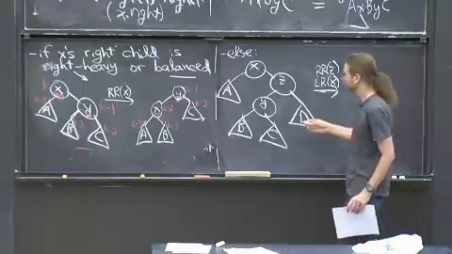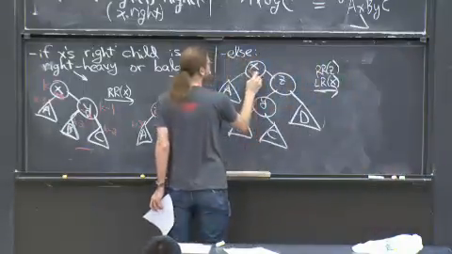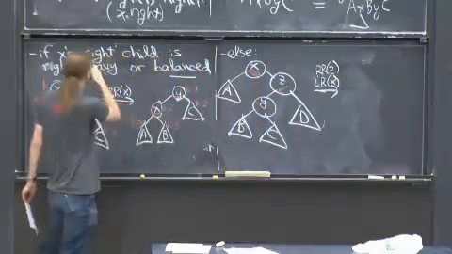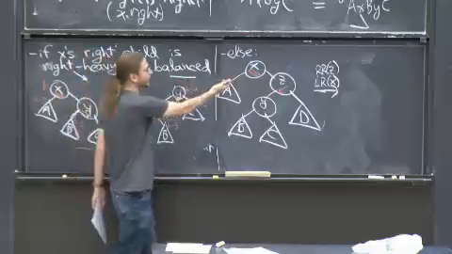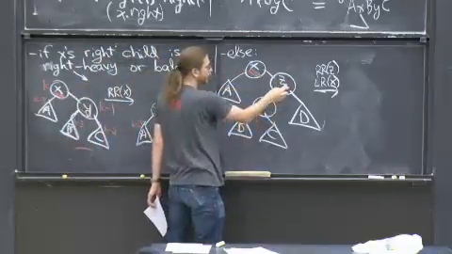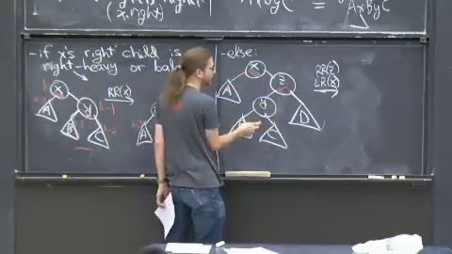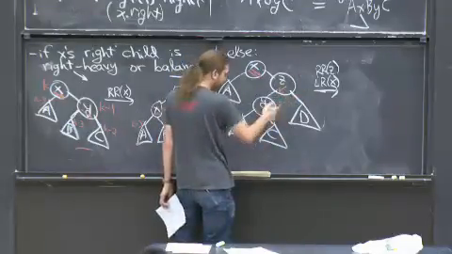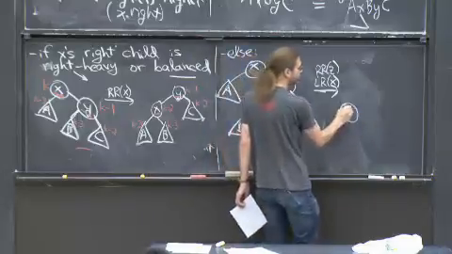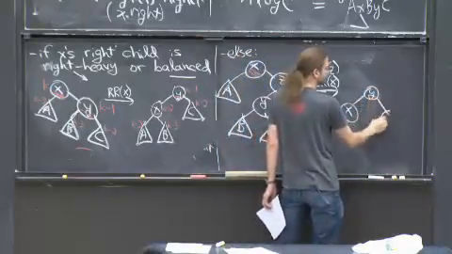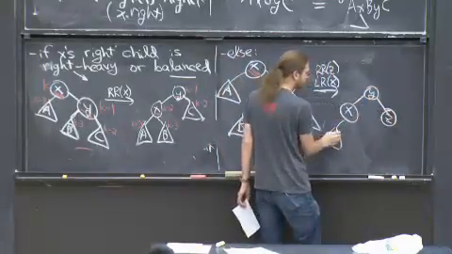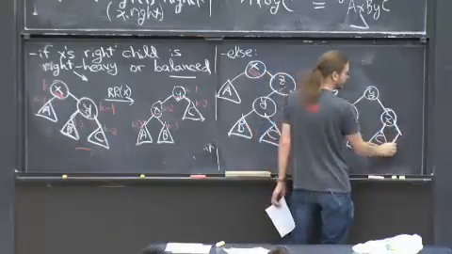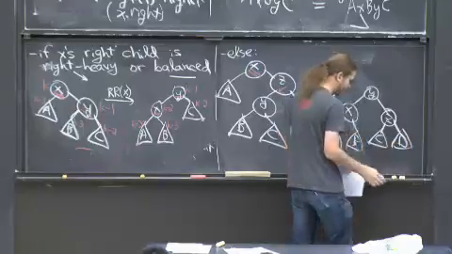And in general, so here x was doubly right heavy. And the else case is when the right child of x, which I'm going to call z here, is left heavy. That's the one remaining situation. You do the same thing, and you check that right rotating and left rotating, which makes the nice picture, which is x, y, z, actually balances everything, and you restore the AVL property. So again, check the notes on that.